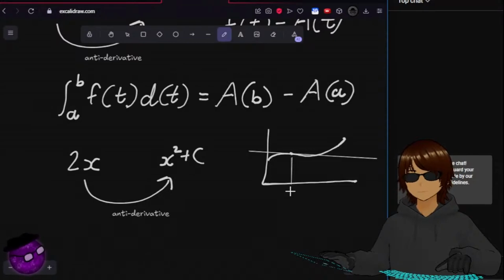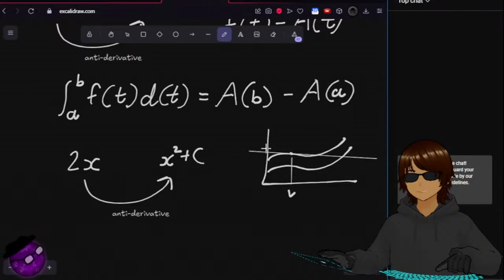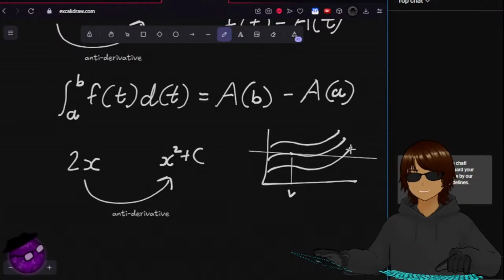Let's call it v. This is f of v. So the derivative gives you the gradient. But if you knew the formula for the gradient, you can get the shape of the original function back, but you cannot get the y-intercept. So the function could be this or this or this. So the constant, the y-intercept, is unknown.